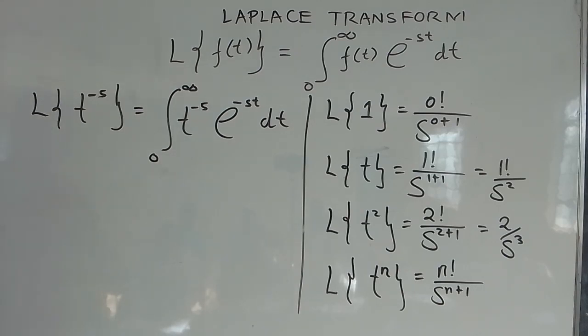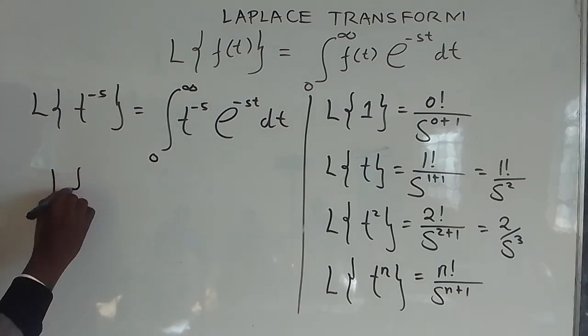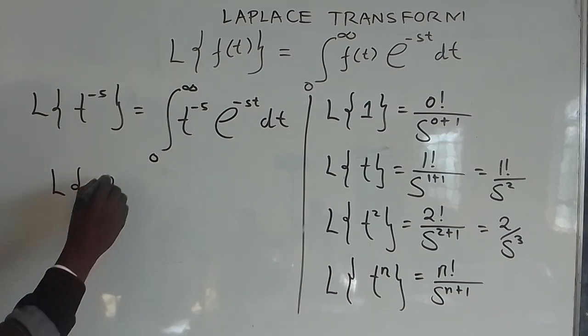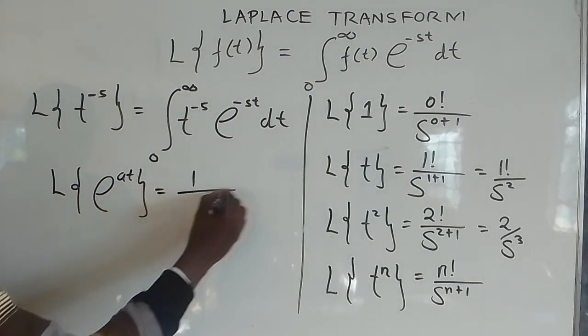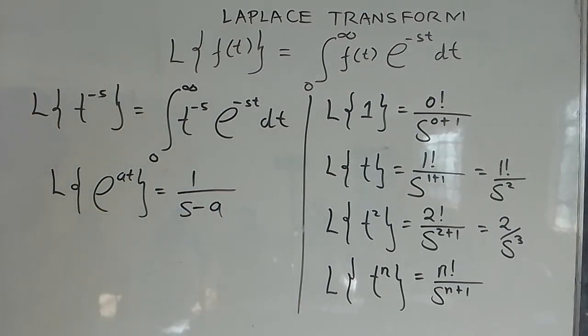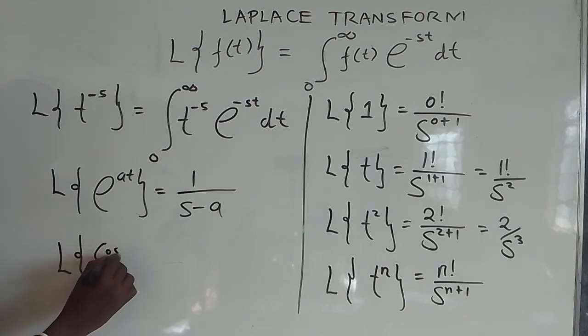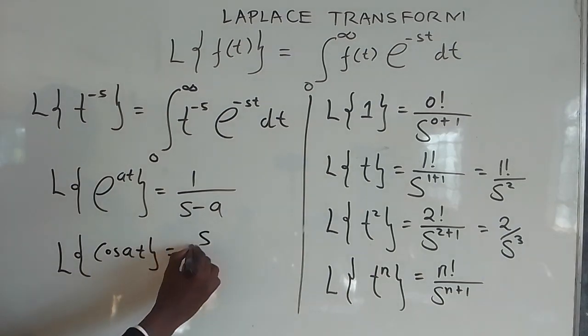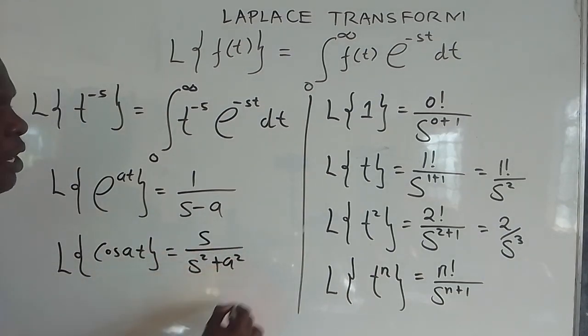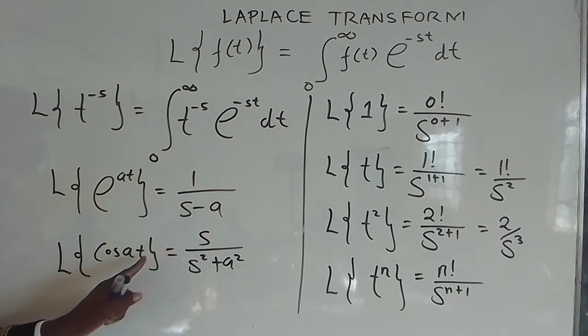Then you also went ahead and you found out that the Laplace transform of e^(at) is given by 1 over s minus a. You went ahead again and you found out that the Laplace transform of cos at, using the quotient rule, was becoming s over s squared plus a squared, meaning for the cosine the numerator was differentiable, for the sine the numerator was a constant.